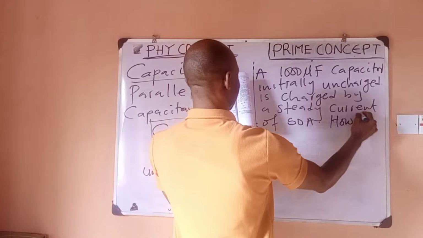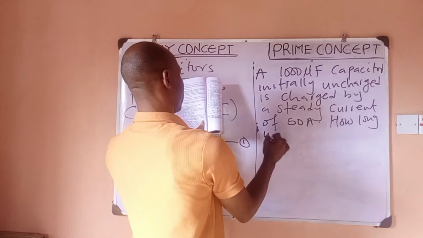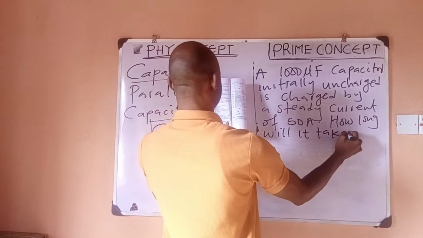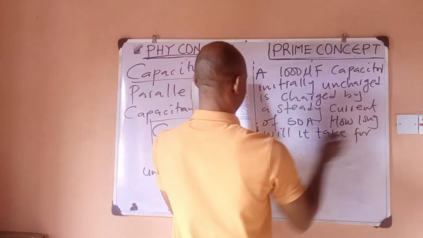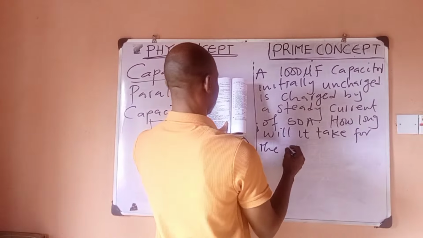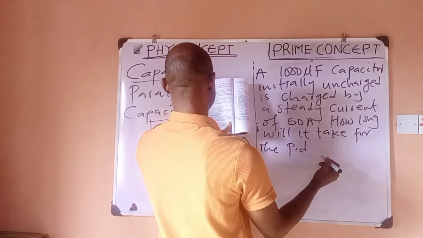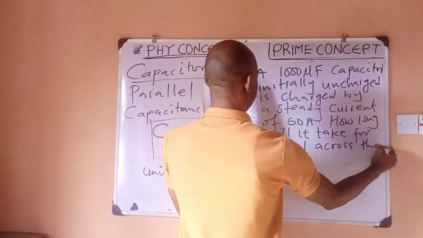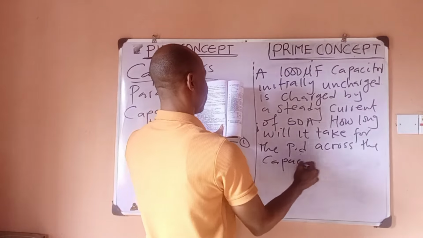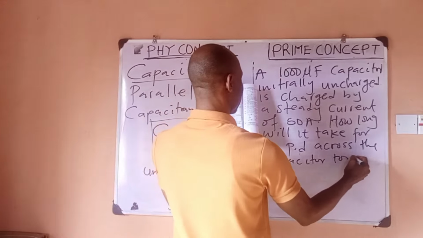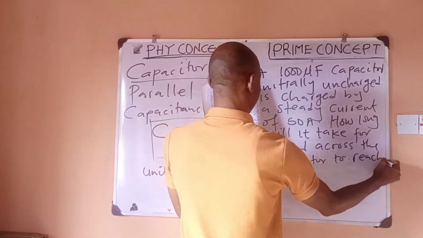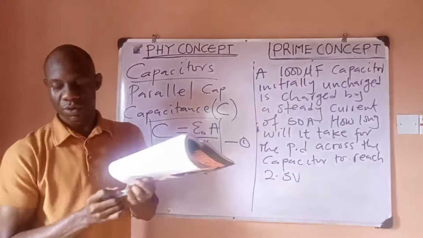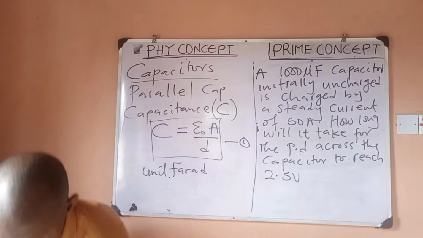How long will it take for the PD, that is potential difference, across the capacitor to reach 2.5 volts? I'll give you 30 seconds to attempt this question.